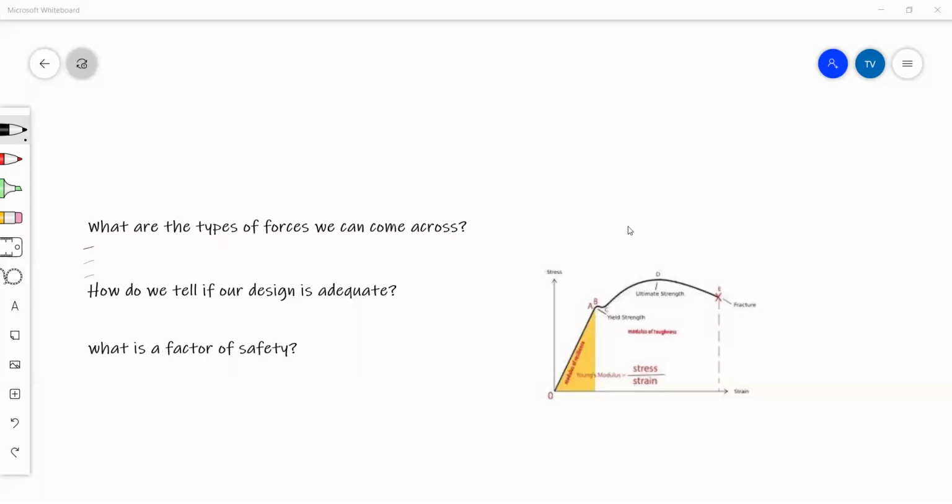Torque will produce the force, or torque is a function of force, but it isn't a force on its own. Right? Torque is equal to force times distance. But the types of forces that we will face, there are three different types.